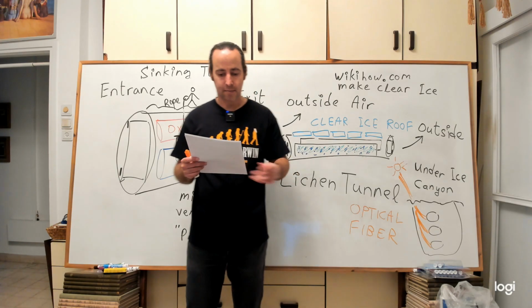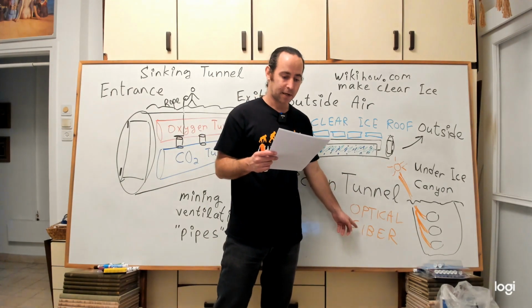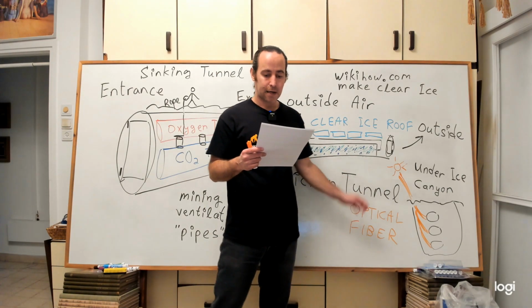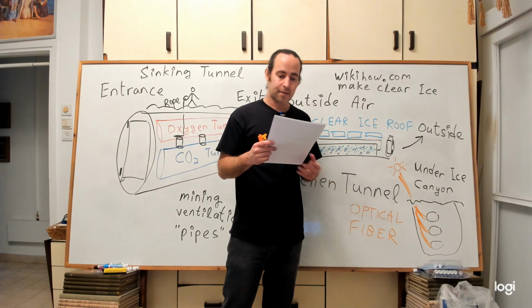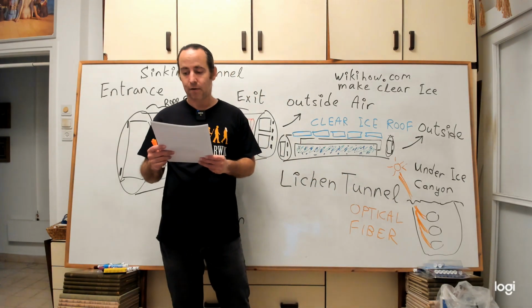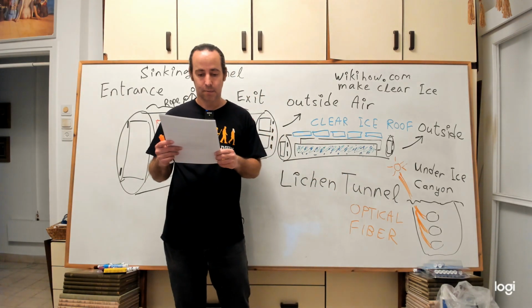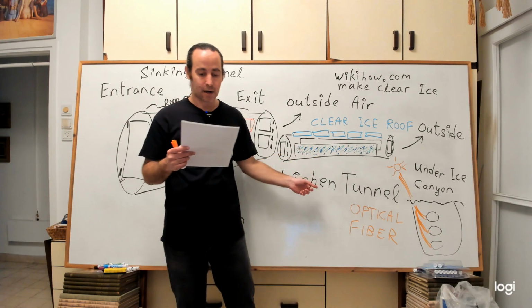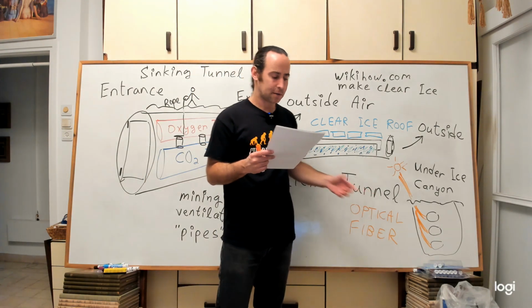The light comes from bundles of optical fibers that we lay along the tunnel that bring concentrated light, which we gather like in a solar farm with mirrors pointing to one spot.